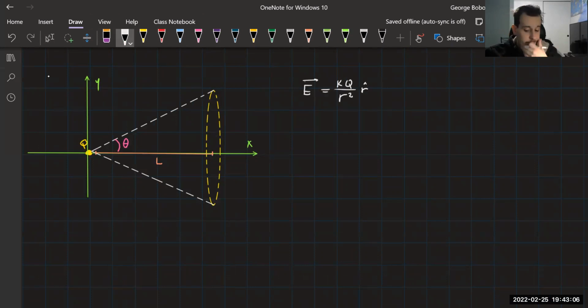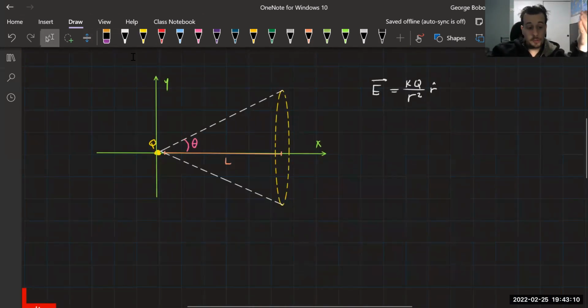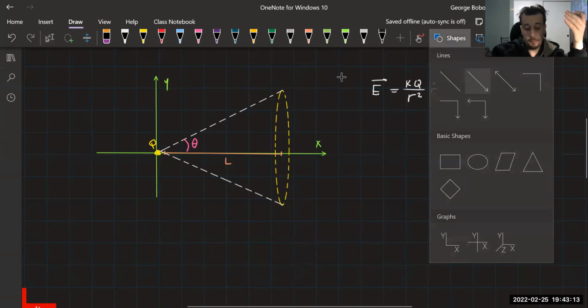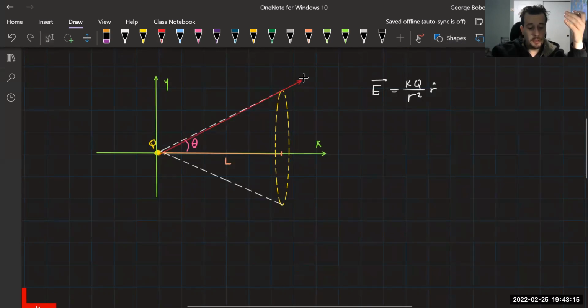Okay, that's cool. So again, if I draw the electric field lines of this charge Q right now, one of them would be like this, another one could be like this. I'm just drawing a few to show you what is going on. And you see how they cross the disk at various locations.